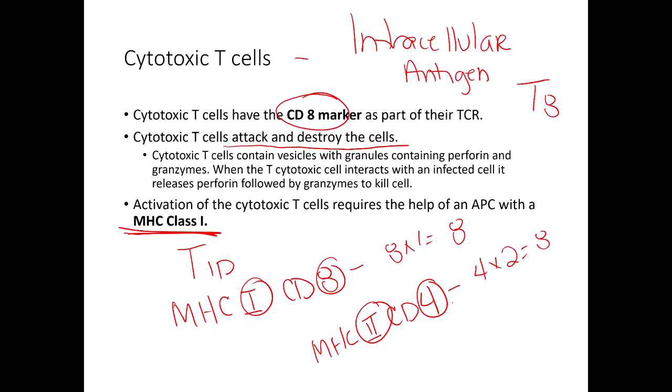That's how I keep them apart in my head. It may not work for you, but when I was trying to learn this for the first time, I had to have little catches and things to help me remember. So MHC class 1 are for the intracellular CD8 T cell response. MHC class 2 are for the extracellular bacterial cells CD4 response.